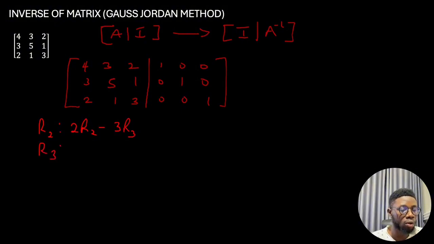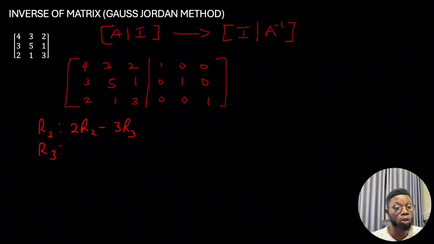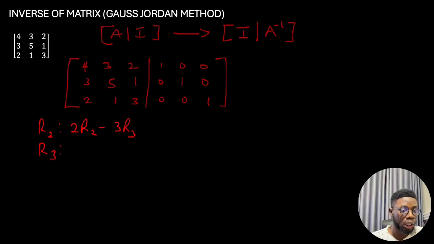For the third row, we can see that there is 2 in row 3 and there is 4 in row 1. Now, 4 is a multiple of 2, so I can easily say that 2 multiplied by 2 is 4, then 4 minus 4 would be 0. Since it affects the entire row, that would be 2 multiplied by row 3 minus the entire row 1. So let's perform this.